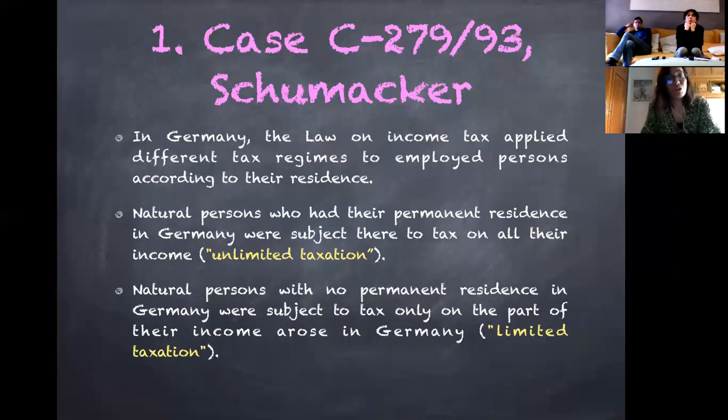On the contrary, non-residents are taxed by Germany just on the income that they get inside Germany, so the source-based income. The first one, for residents, we can call unlimited taxation, and in the case of non-residents, we can call it limited taxation.